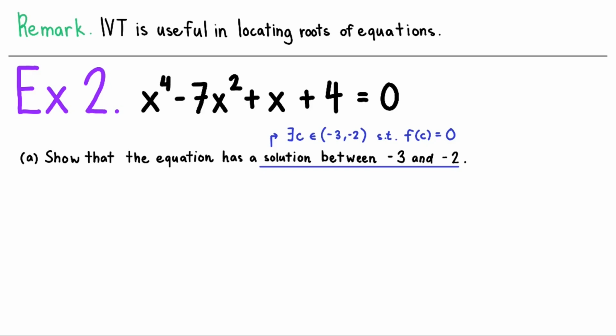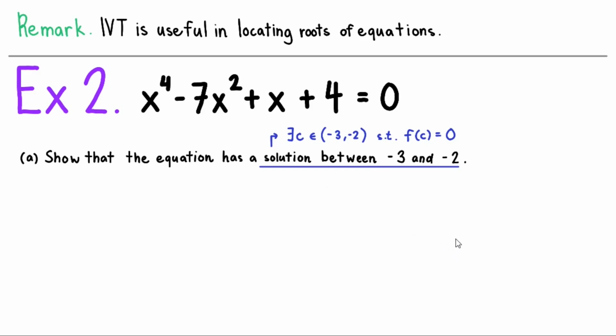And so let's try to apply IVT out here in the interval -3 and -2. First, again, we check the assumptions. So again, this one is f. F is continuous on the closed interval -3, -2, and f of -3 is not equal to f of -2. So we'll show this one.